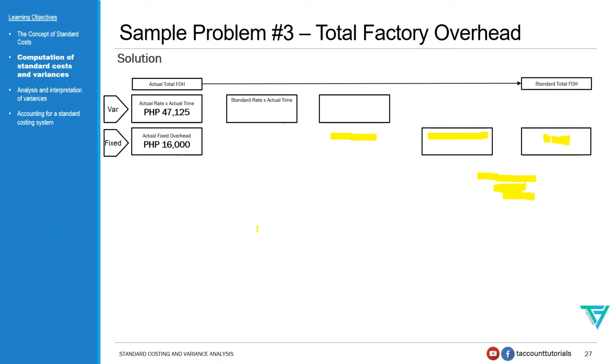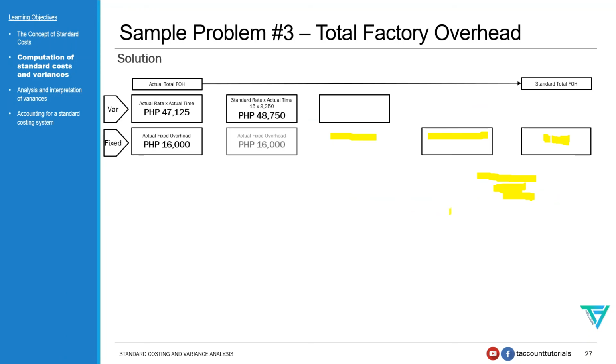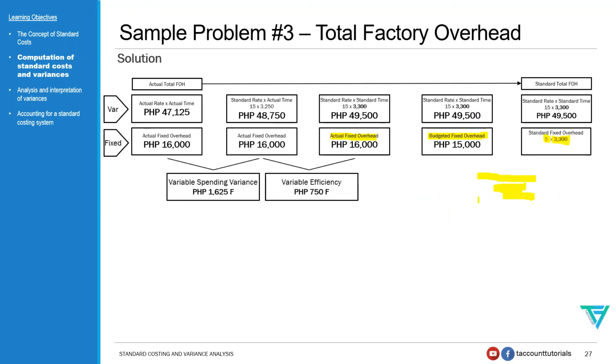If you go back to the previous slide, total budgeted time is 3,000 hours, whereas the total hours allowed for actual production is 3,300, right? So we actually exceeded the budgeted time, which leads us to a favorable volume variance, right?